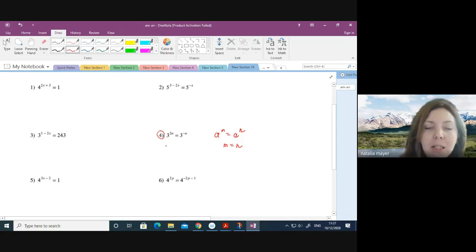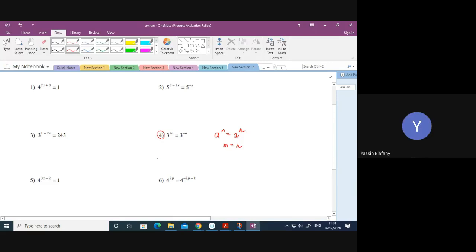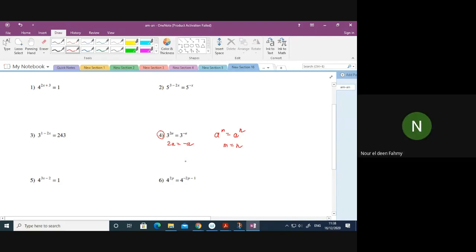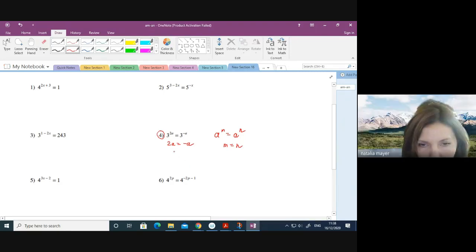So what is going to be the next solution line? Anybody who knows, tell me. 2a equals negative a. Okay? And now this is the linear equation, which you know how to solve. What's the next solution line, please? Ideas? Do you put the a on the other side, the negative a? Absolutely.